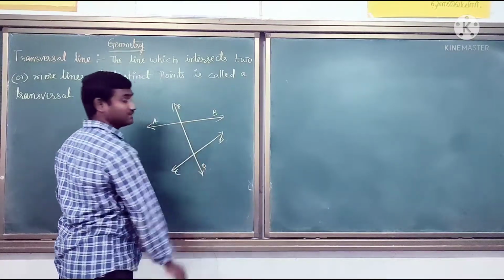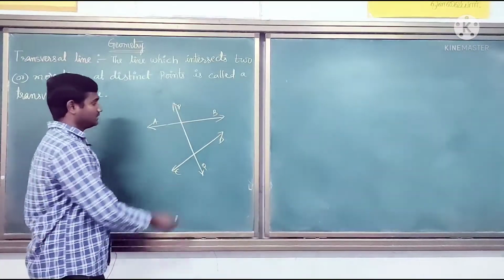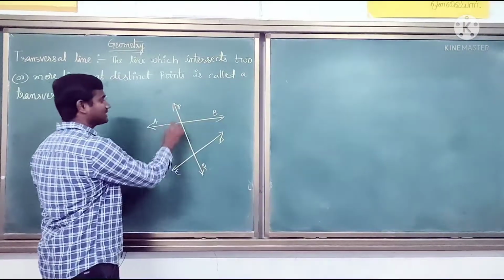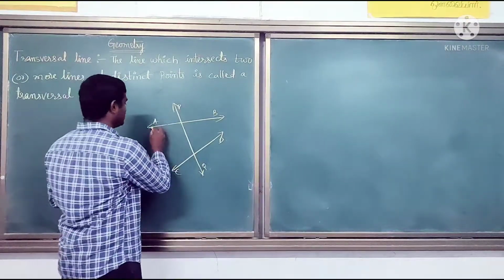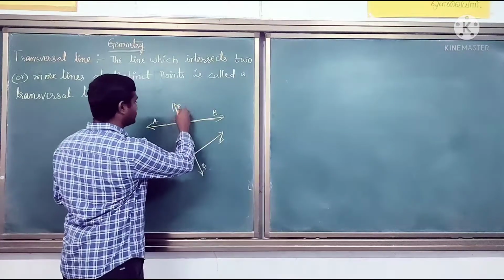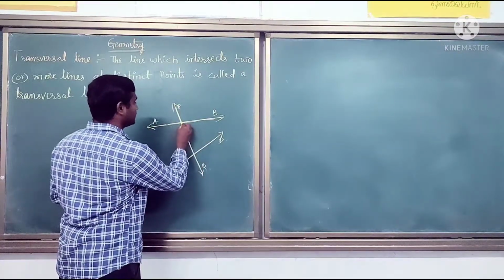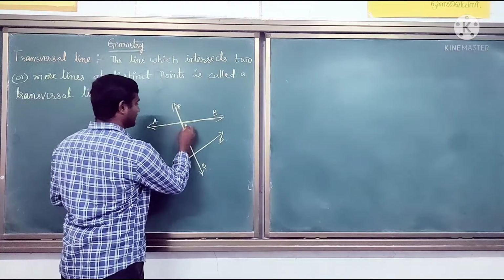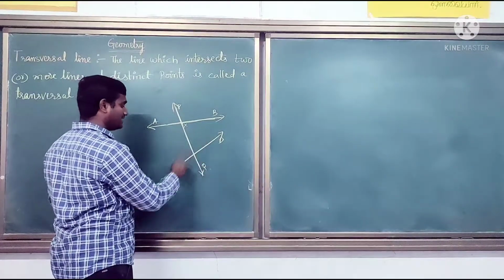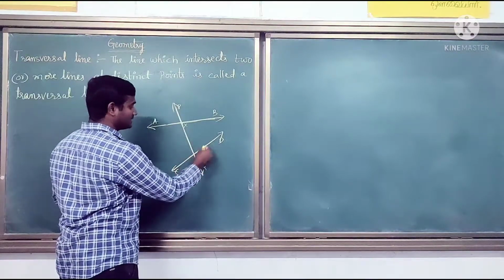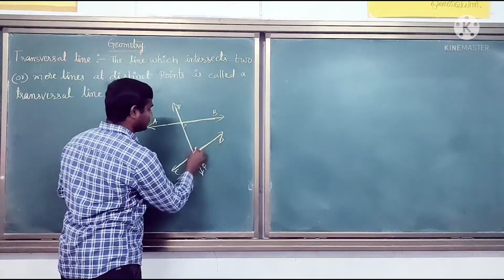Is PQ the transversal for AB and CD? Let us check. PQ is intersecting AB at a point, which you can consider X, and PQ is also intersecting CD at Y.